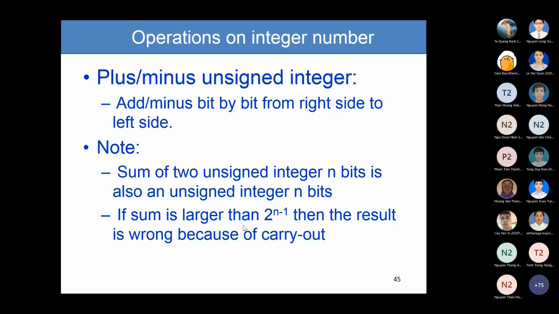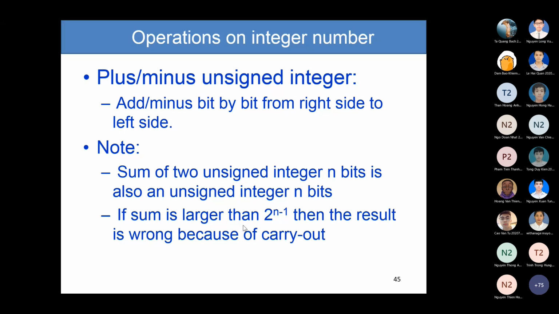If the last carry remains, that bit will be lost and the result is wrong. We call that an overflow result. That is the notation of how to plus and minus.